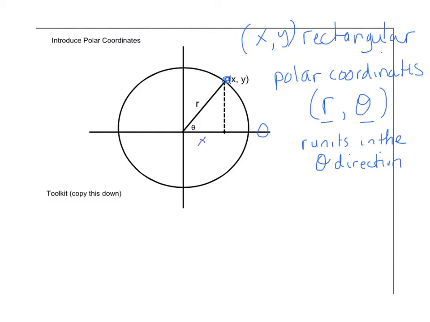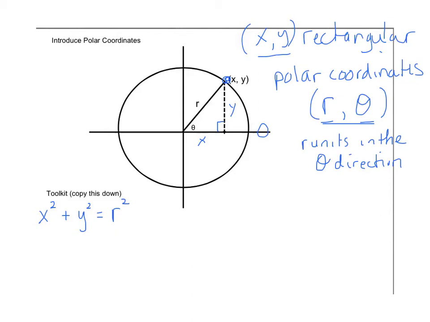We know that this is x, and we know that this is y, and this is a right triangle. So we could write down one relationship that x squared plus y squared is equal to r squared. So you'll notice that the rectangular coordinates have x and y, polar coordinates have r and theta. And if you look at this Pythagorean theorem, you have x squared y squared on one side, r squared on the other.